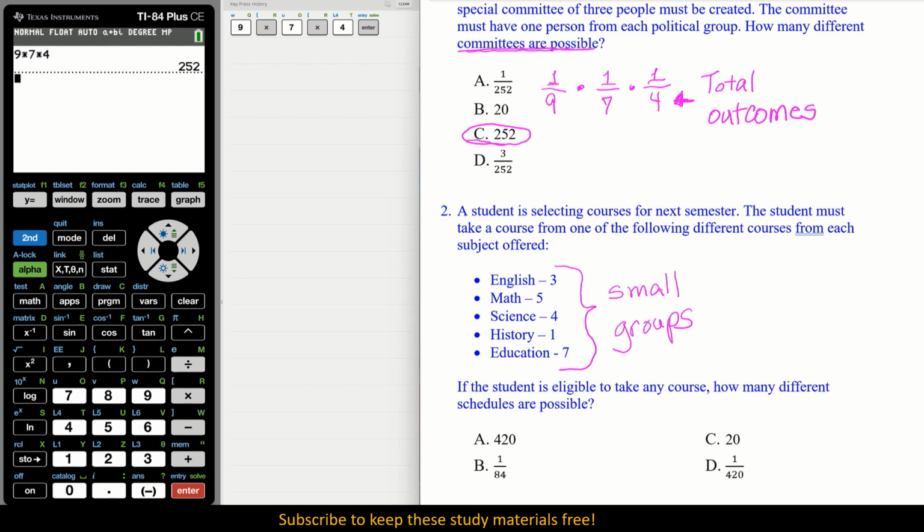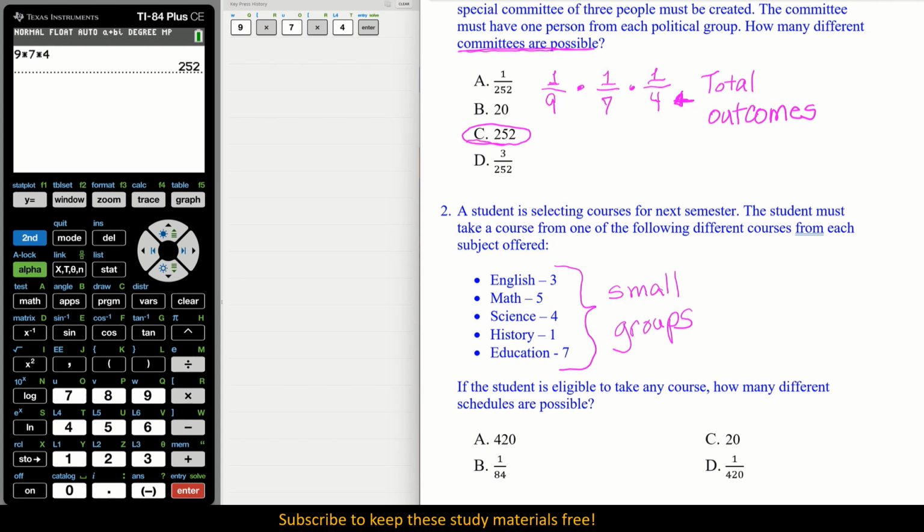Let's think about it. That is like what we had before. We're creating one schedule, which is a grouping, and this can be arranged in different ways. So how many different possible arrangements would we have for this one group? We're taking the small groups and creating one from those, but it can be created in several different designs.